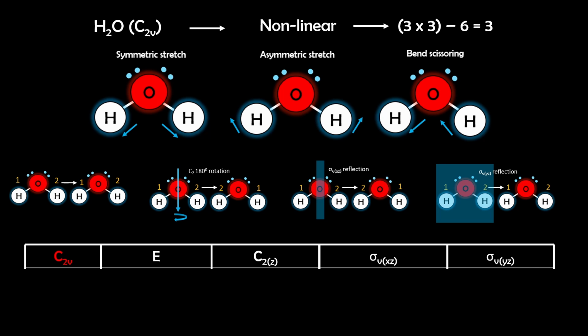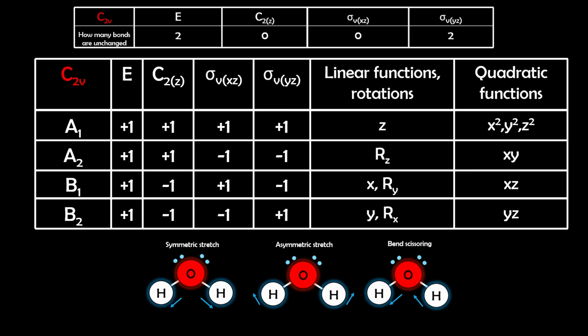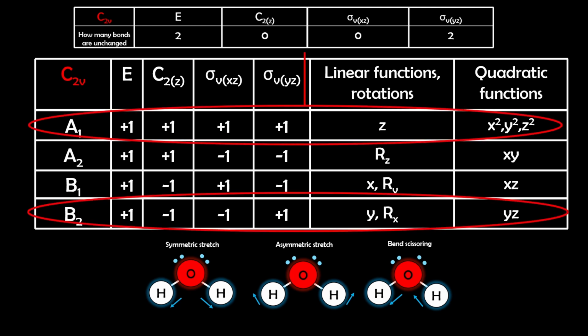Doing this gives us the reducible representation 2, 0, 0, 2, where 2 means 2 unchanged bonds, 0 means 0 unchanged bonds. This reducible representation is simply a summary of how all the vibrational motions behave under symmetry. When we reduce it, or break it apart, we find it is composed of the irreducible representations A1 and B2. This therefore tells us the symmetry of the vibrational modes.